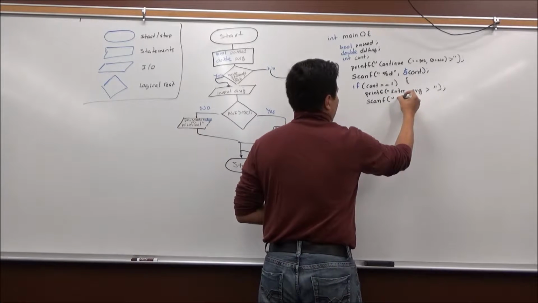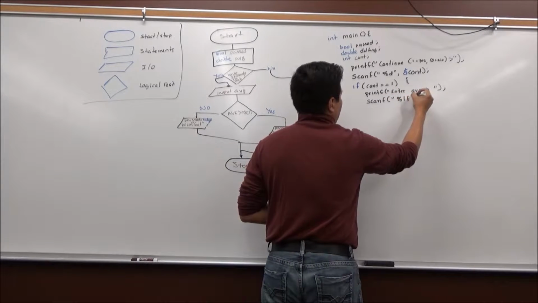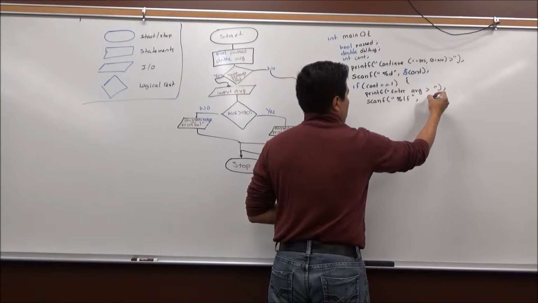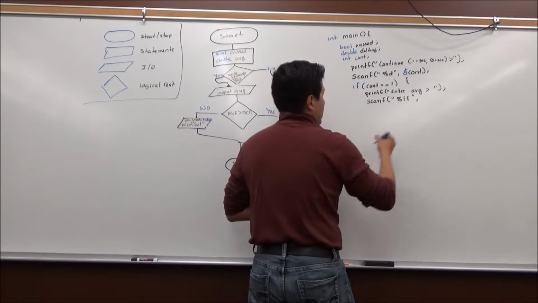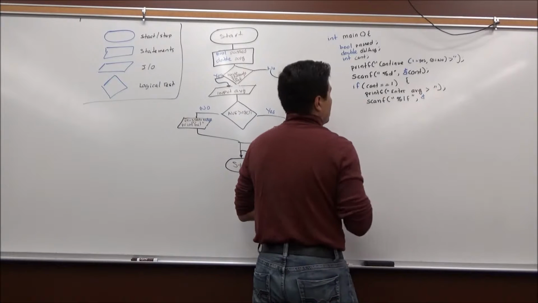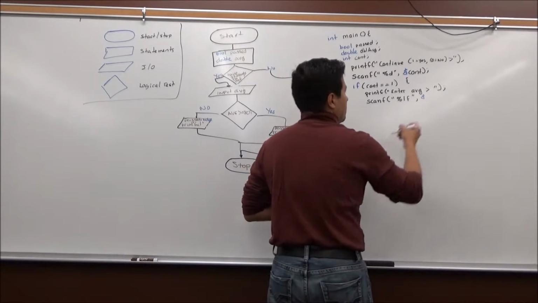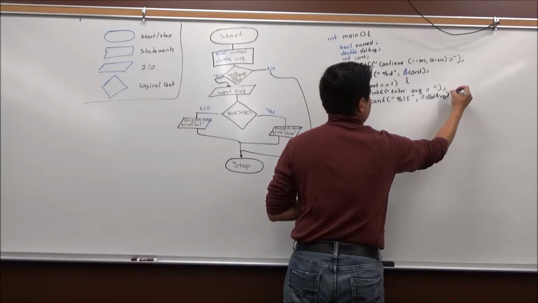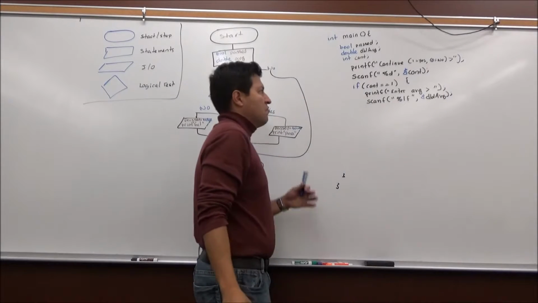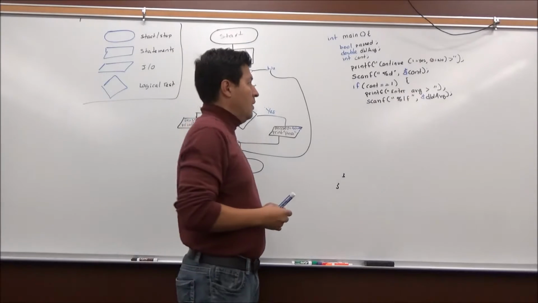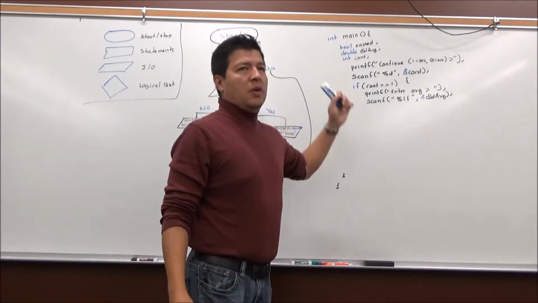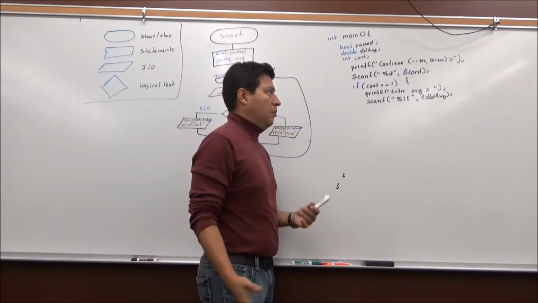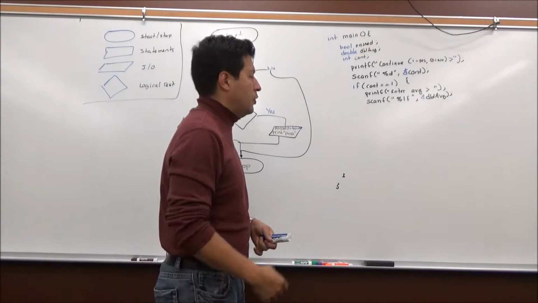This time I'm going to use the lone float. And then the address of the average. Nothing new there, right? When we're here, the computer doesn't know it's inside an if statement. It's just on the next instruction.